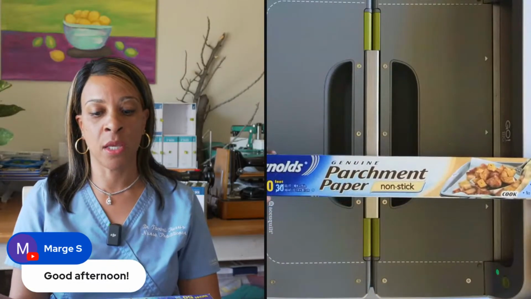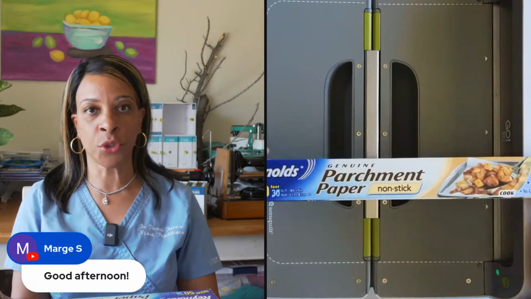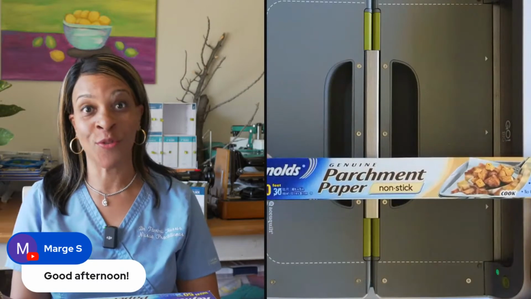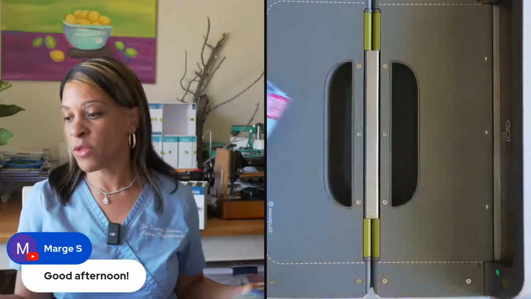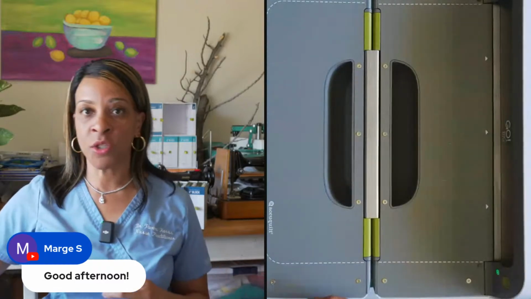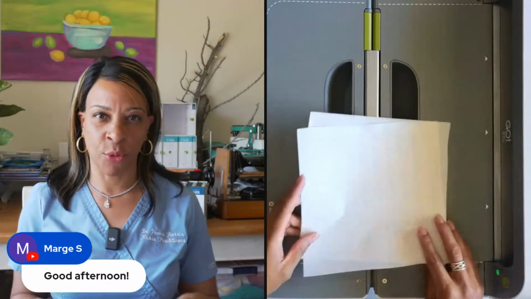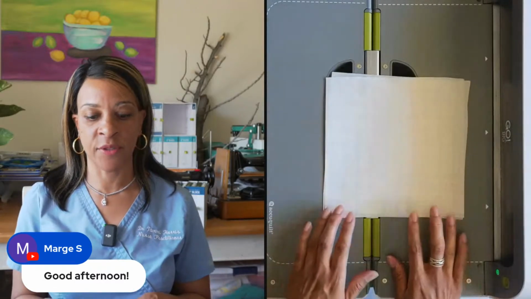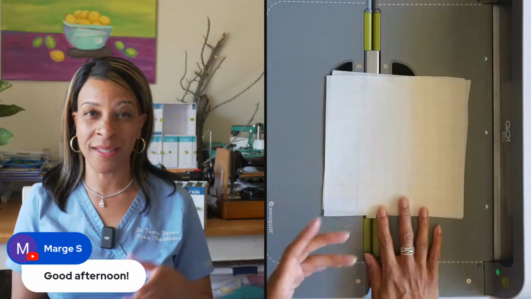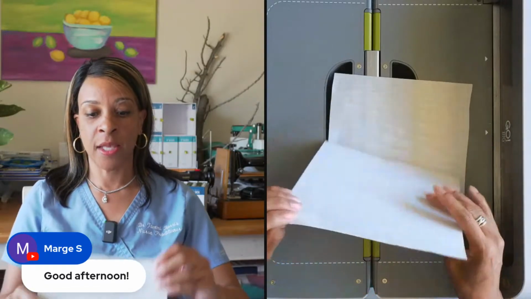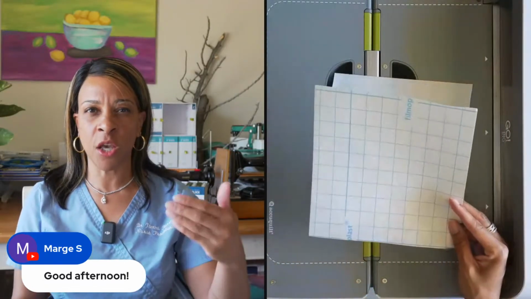Parchment paper is a wonderful tool to have in your quilting studio if you don't already. I also do machine embroidery, so I have selected stabilizer. It's the sticky stabilizer, sticky on one side.